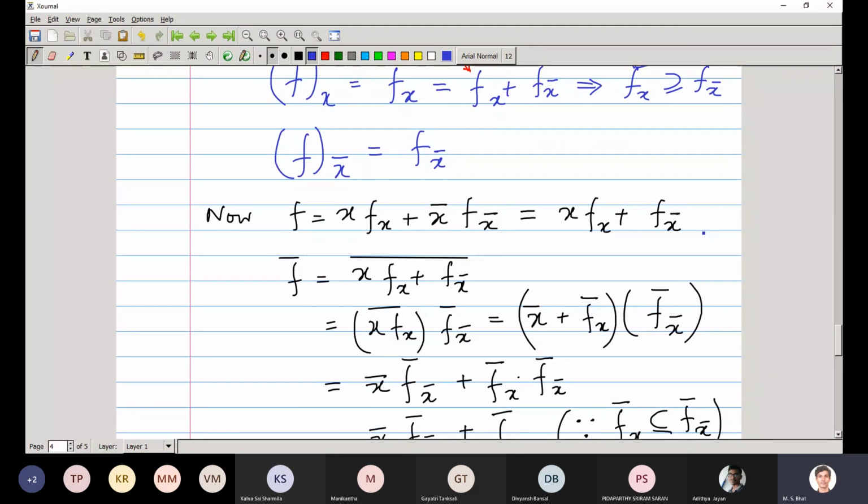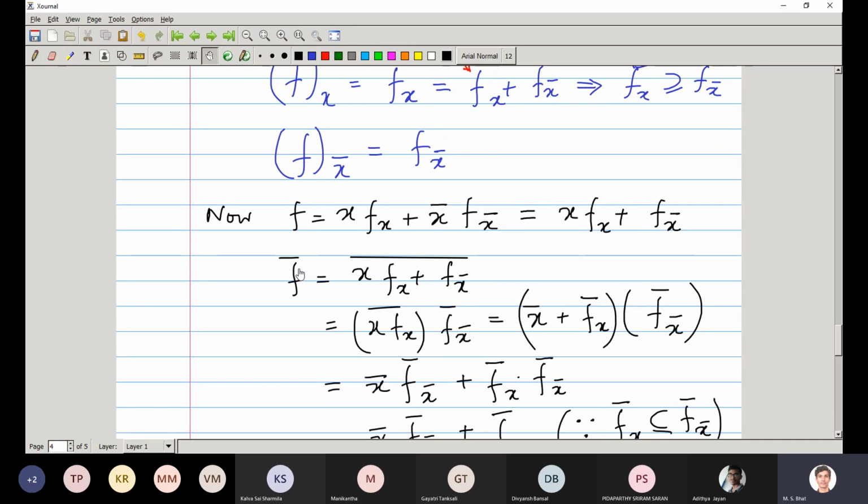Now let us consider the other possibilities. F is x Fx plus x bar Fx bar, and if F is positive unate in x, I can represent the second term this way.